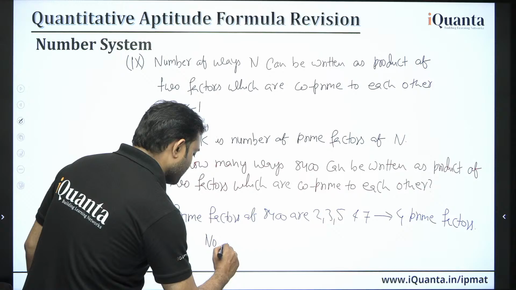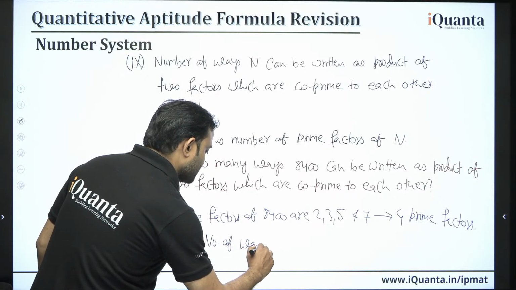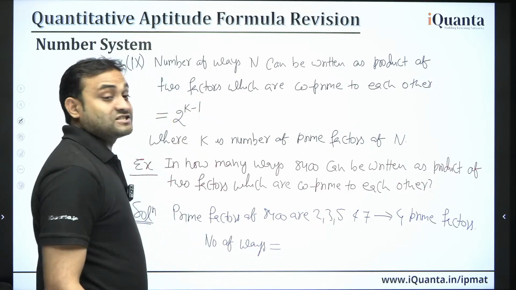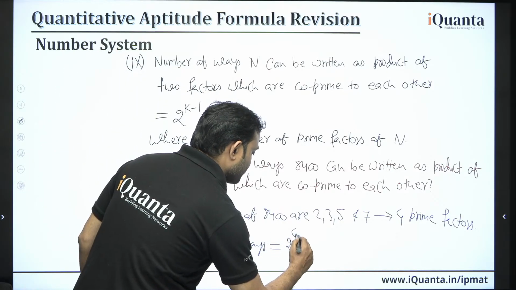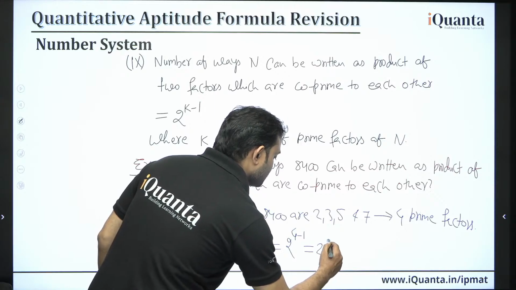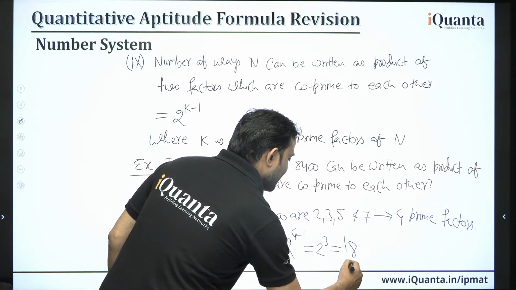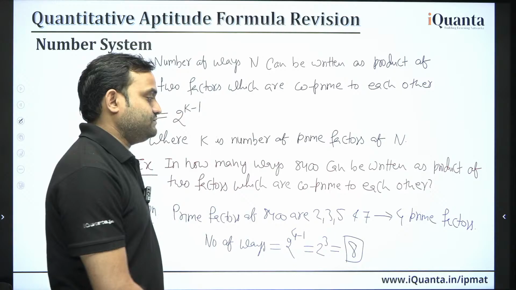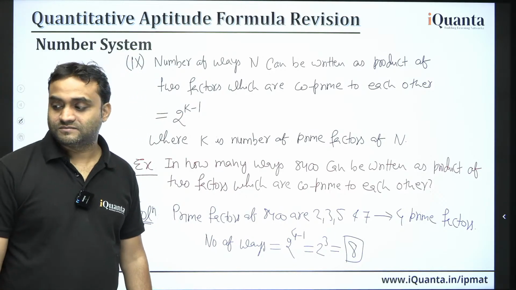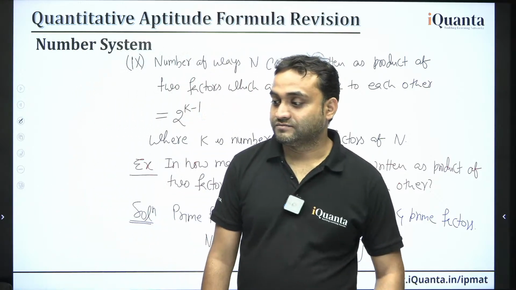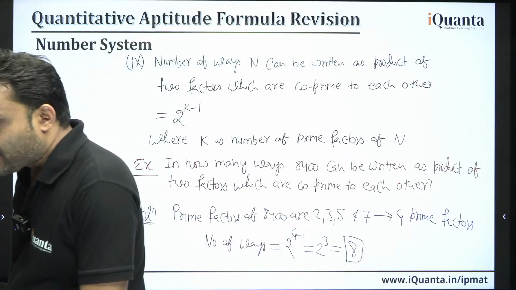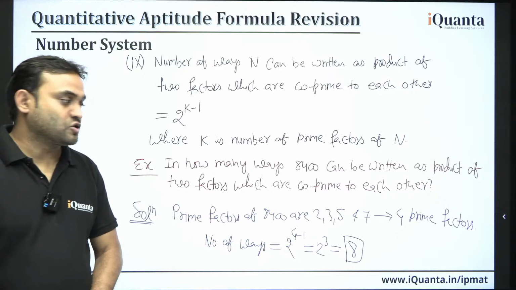The number of ways of writing 8400 as a product of two co-prime factors will be equal to 2 to the power 4 minus 1, which is 2 to the power 3, and that will be equal to 8. All right, 8 ways. Yes, Shaurya and Pookie, both of you got this correct, right?